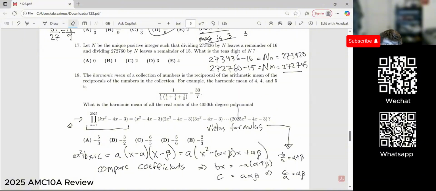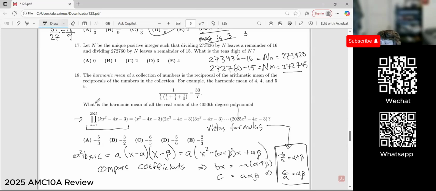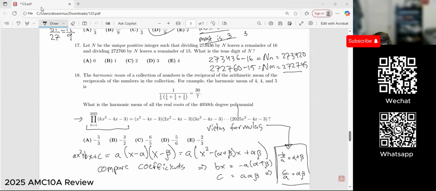Okay, so if we have these two expressions, is there any way that we can express the reciprocals of the roots in terms of the coefficients of the polynomial? Pardon me. So there is.